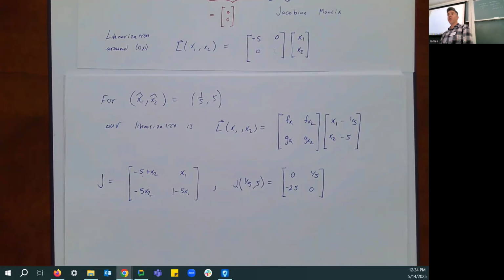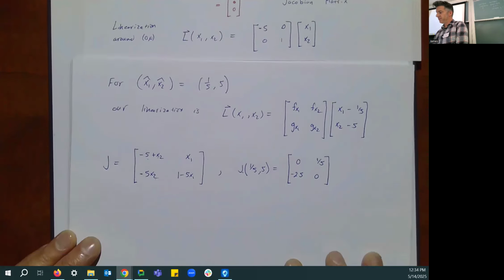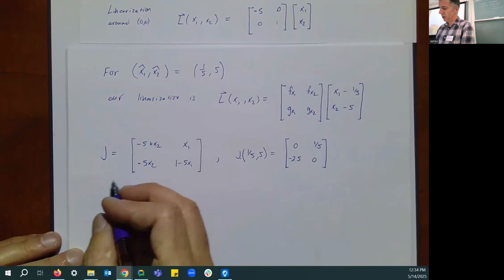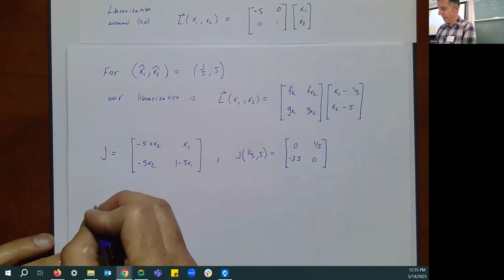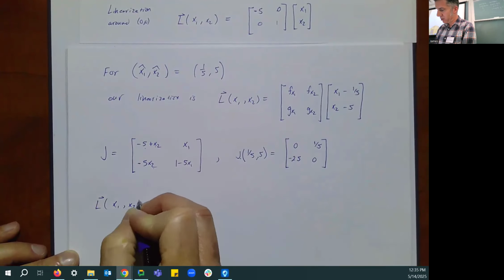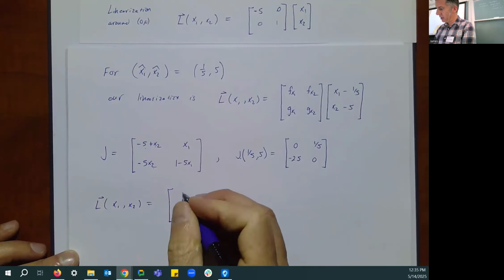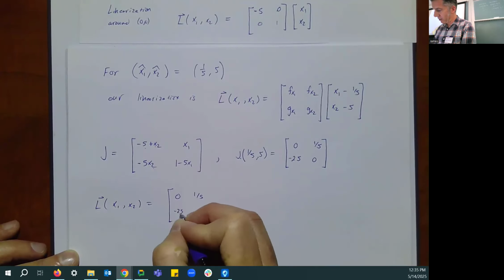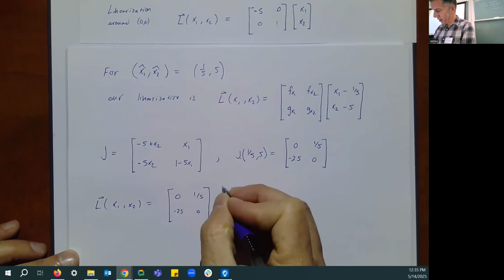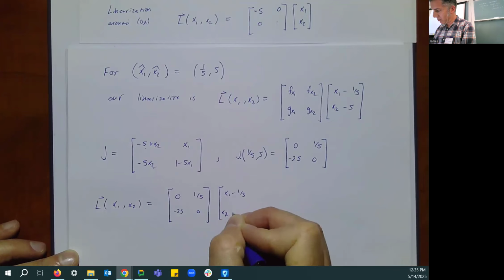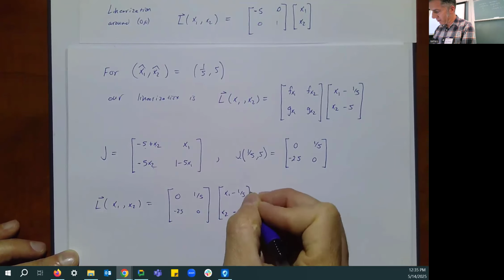We have to do more work here than we would in a different system. This one's going to be interesting. So I should write my linearization, even though normally I would probably skip it. My linearization is the matrix [0, 1/5; -25, 0] times (x1 minus 1/5, x2 minus 5).